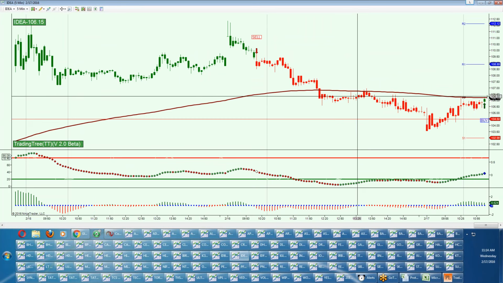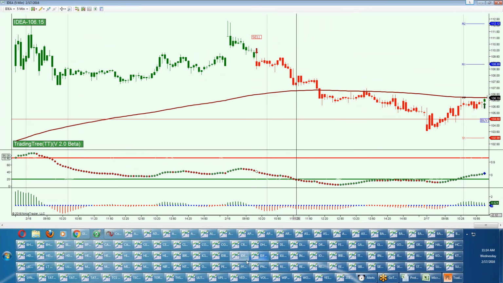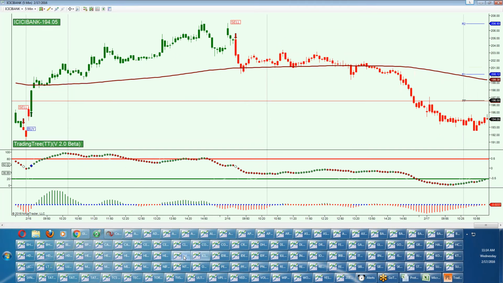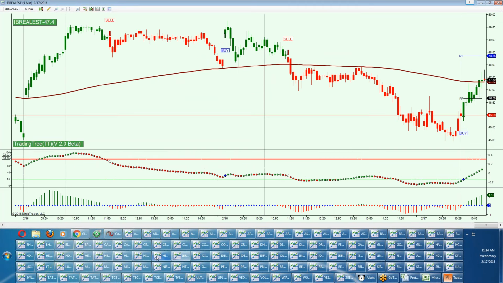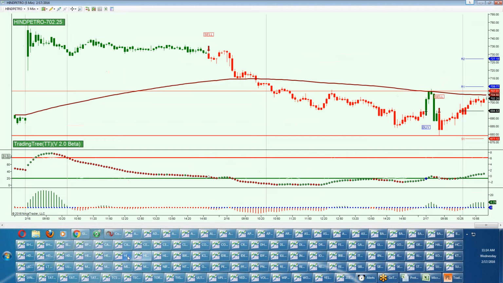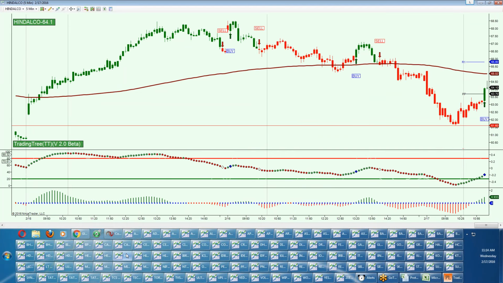We'll still hold on to it. IDBI has done its first target. So IB Real Estate, we can go up to 48. So we have a buy in Nifty, LIC, Axis.